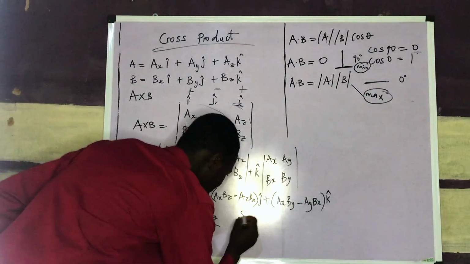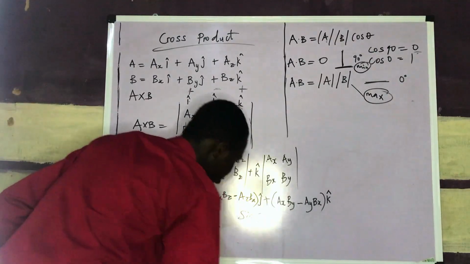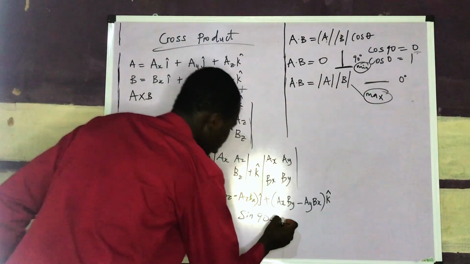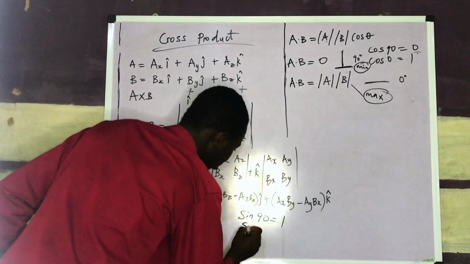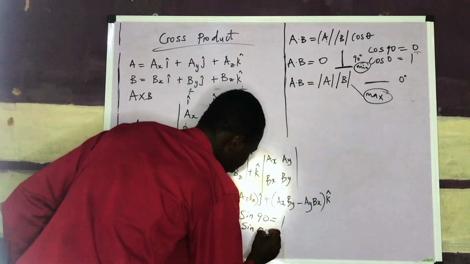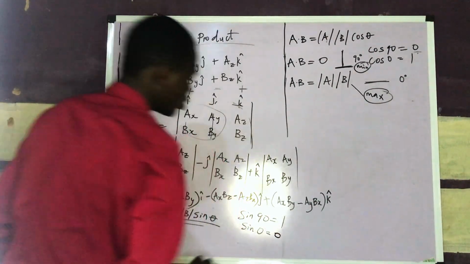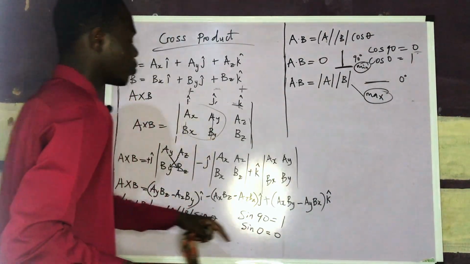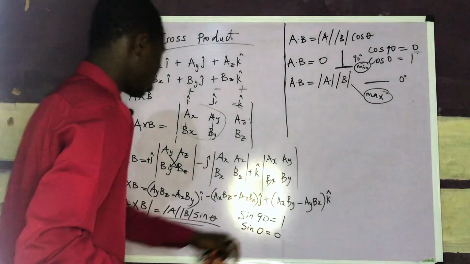We all know that sine 90 is 1, while sine 0 is 0. Right? Sine 90 is 1, while sine 0 is 0.